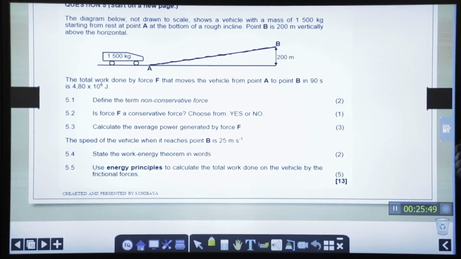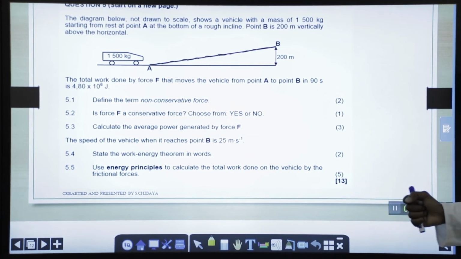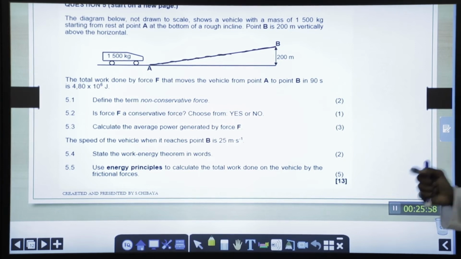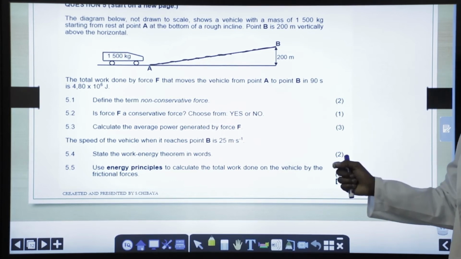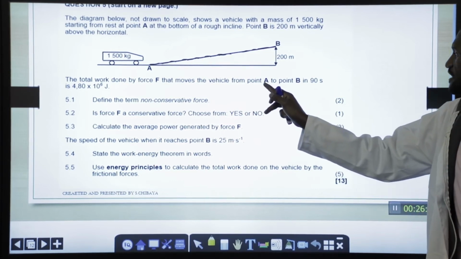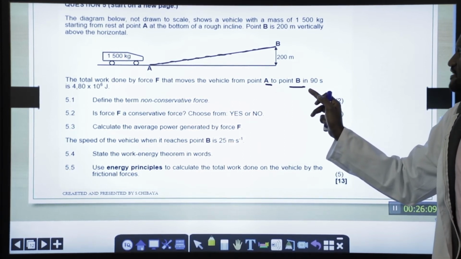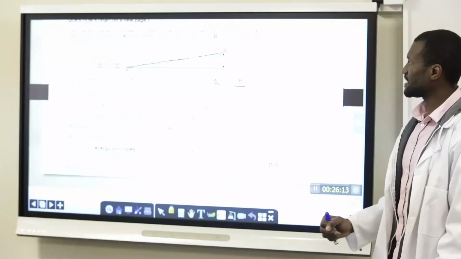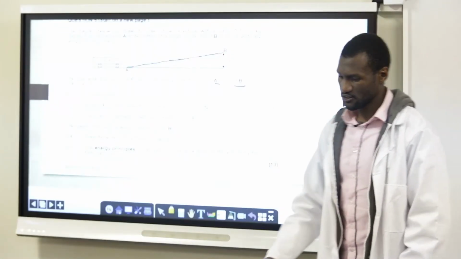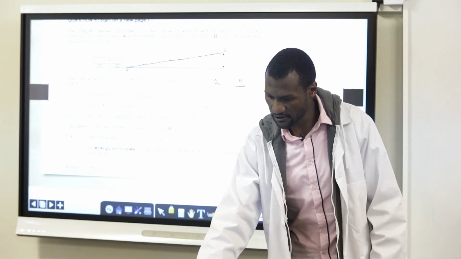At the bottom of the rough incline, point B is 200 meters vertically above the horizontal. The total work done by force F that moves the vehicle from A to B in 90 seconds is 4,80 times 10 to the power of 6 joules.